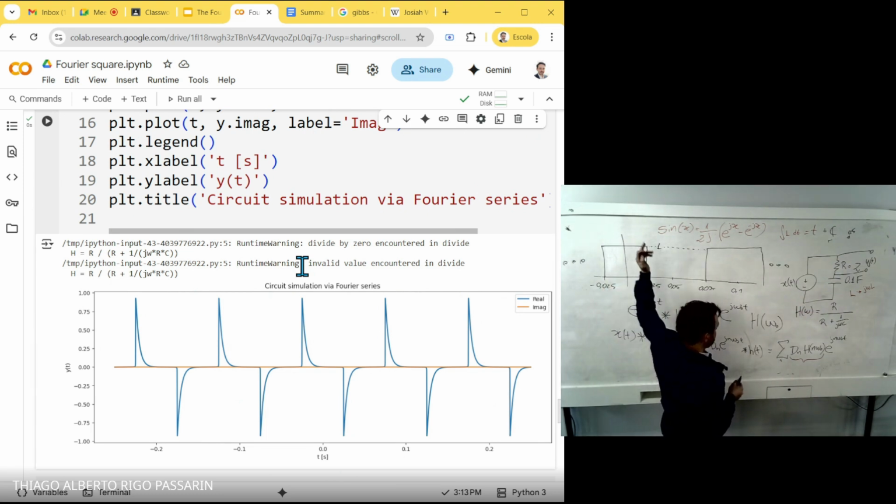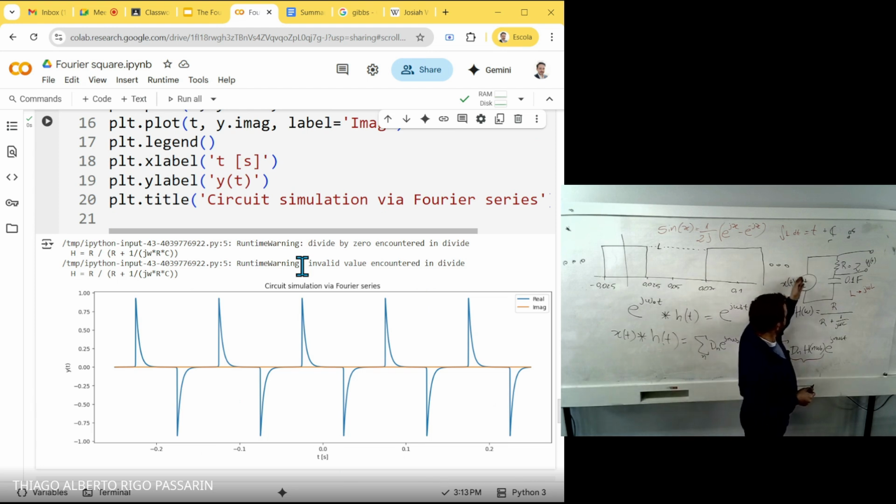In the rising edge, the current starts to flow to charge the capacitor, and then it decays to 0. Then with the falling edge, again, the current flows in this direction, and it decays to 0.